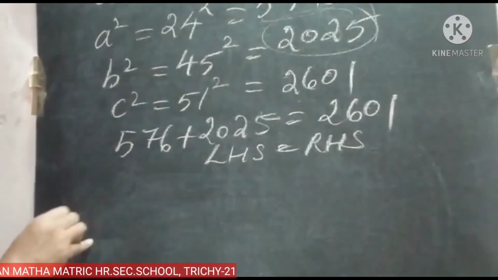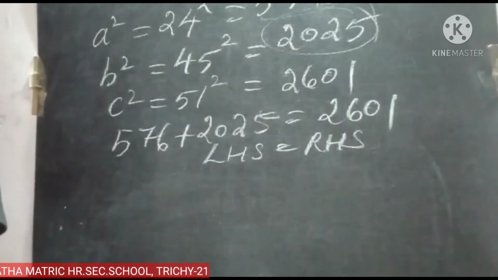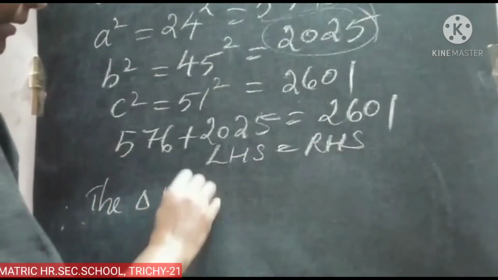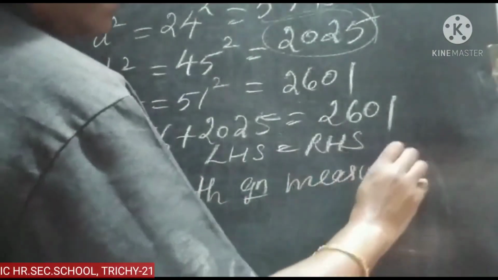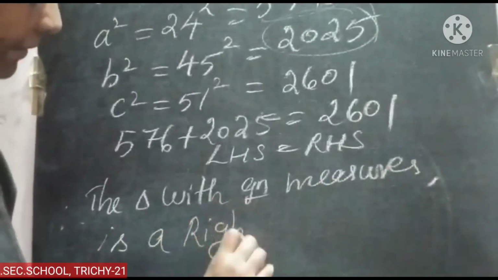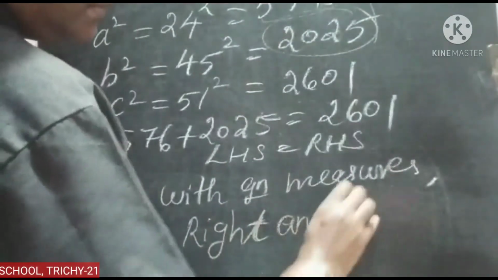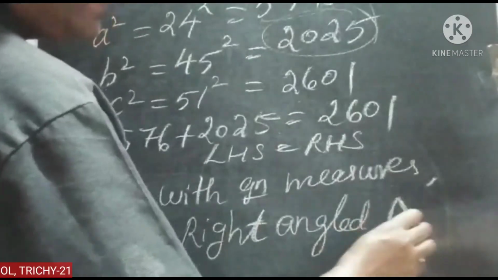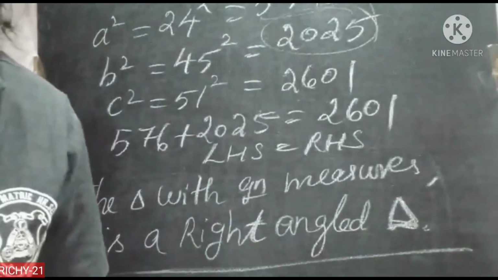Therefore by using the Pythagoras theorem, the triangle with the given measures is a right angle triangle. So the given measurements make a right angle triangle. So this is the method to find out whether the given measures form a right angle triangle or not. Okay, is it clear?